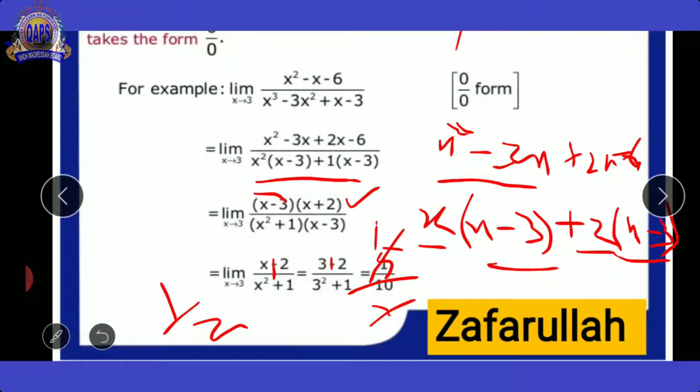So the value of this whole limit will become 1 upon 2.